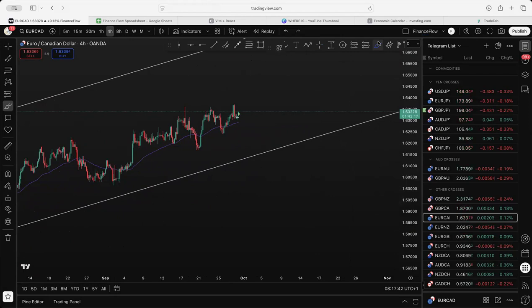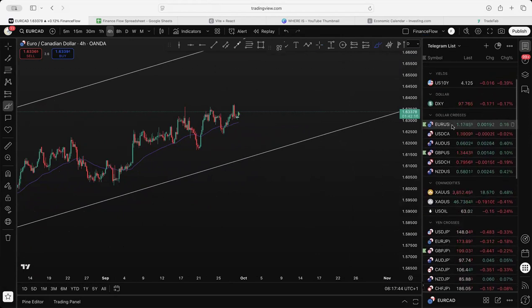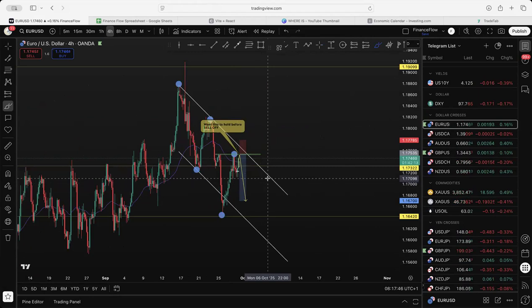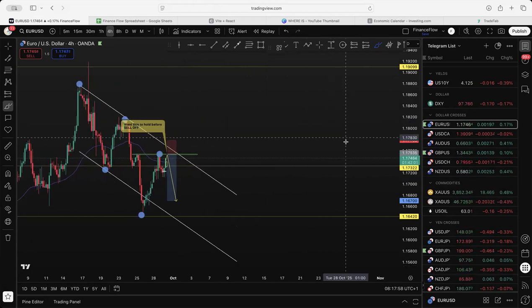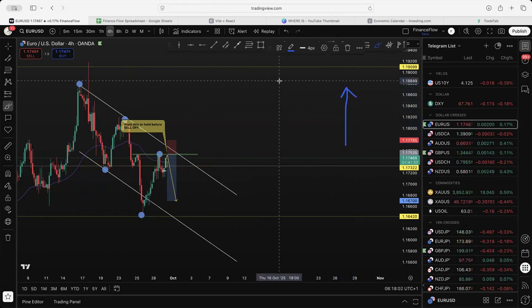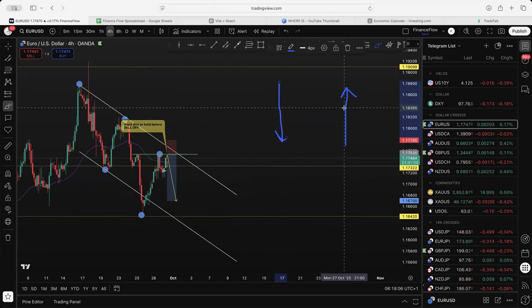Just think about it as a whole, because of EUR USD. Little tip here: EUR USD is the most traded pair in the whole of Forex. What ends up happening is when the dollar goes up, normally the euro comes down, and when the dollar comes down, the euro goes up, because it's kind of a base currency.